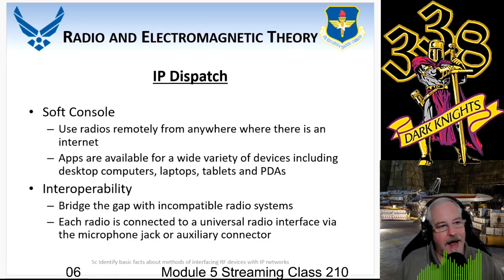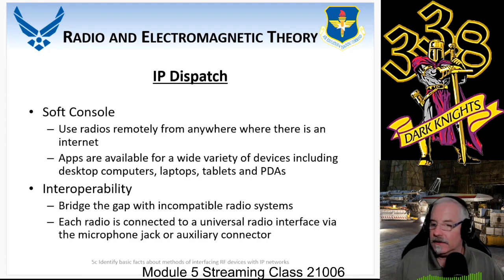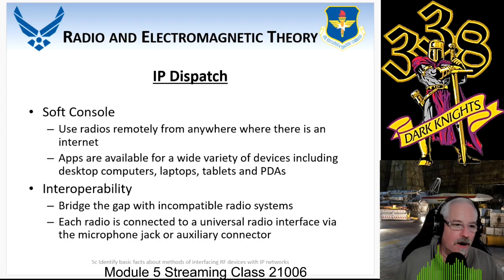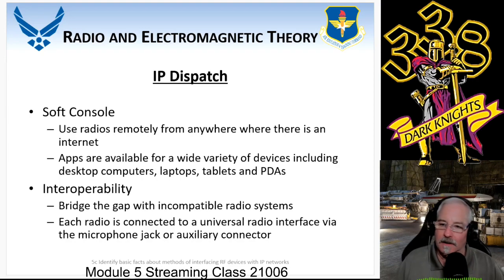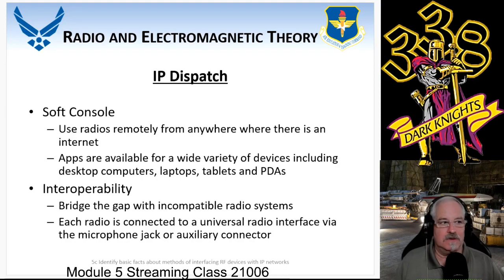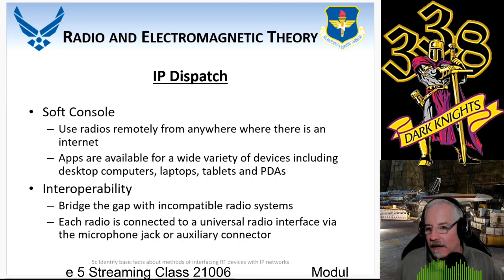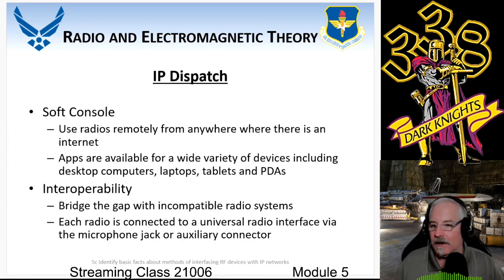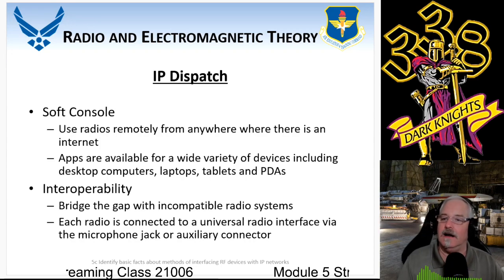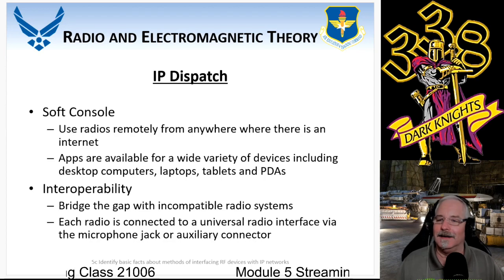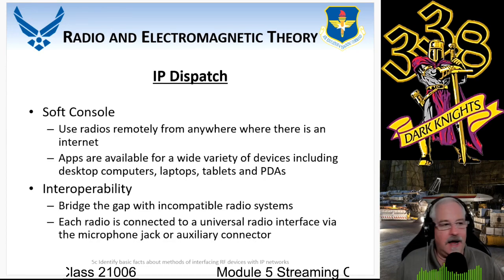When you say apps are available, that's very true. If you got, let's say, an iPad or a Surface Pro or any personal device, sure, you'll be able to do it as long as you're authorized. And the other part of that is the soft console has to get your ID number, like your phone number, linked into the system for that to happen.